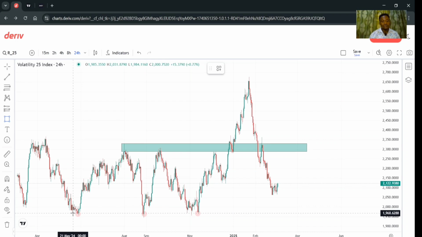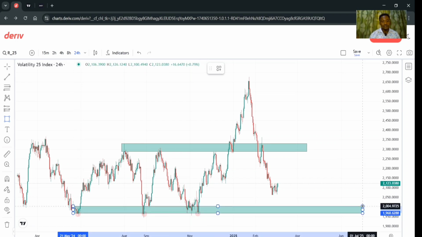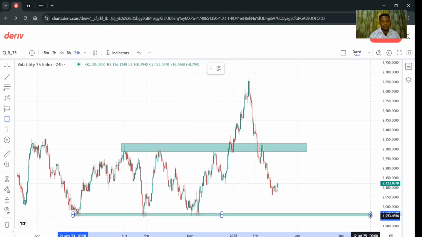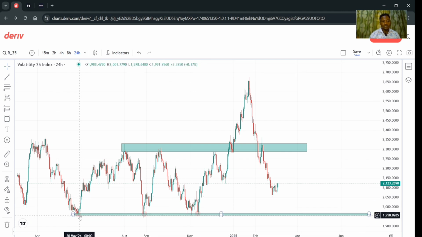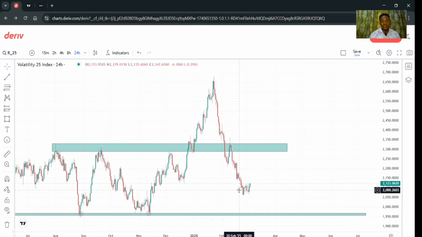You make sure you draw out your level and stretch it out. So this is a support level. The first touch, the second touch, the third touch. So we are expecting the market to get to this point, then we buy. And if the market gets to this point, you can sell.